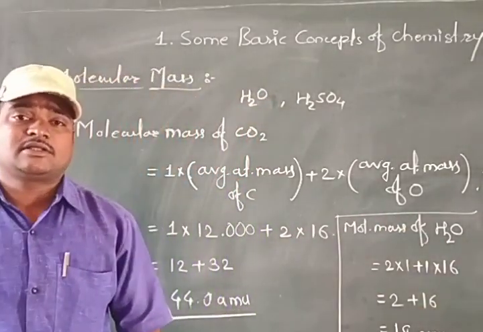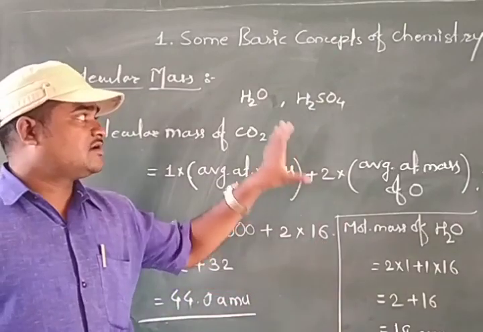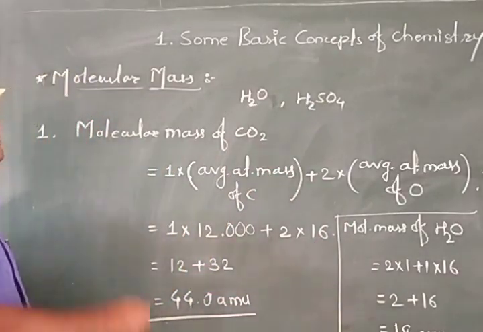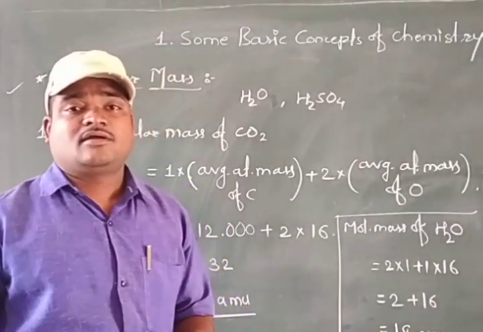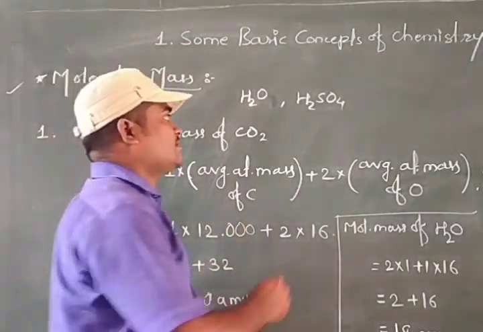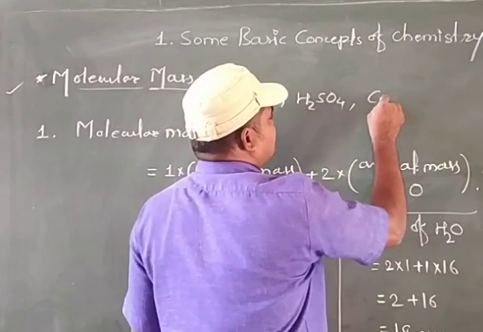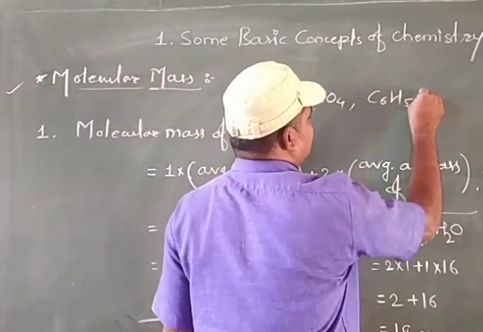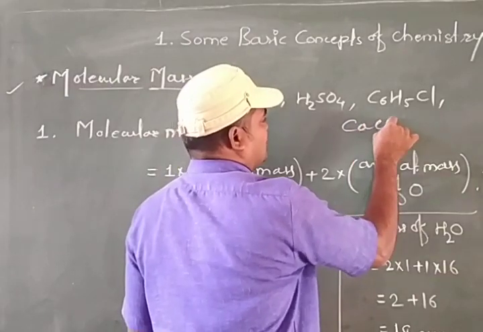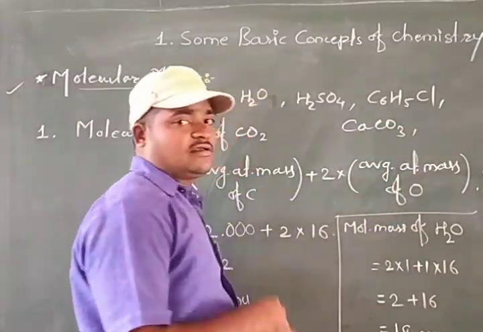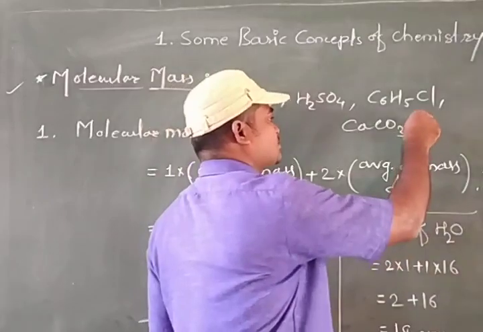So students, this is the method for solving the molecular masses. For your homework, you can take other examples also, like C6H5Cl and CaCO3. There are n number of examples in note 2 also.